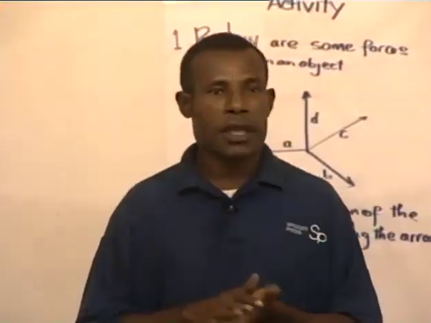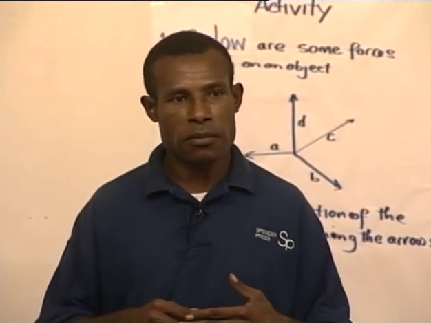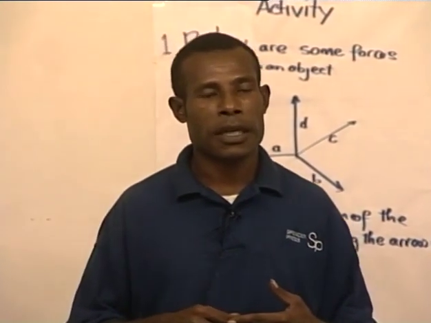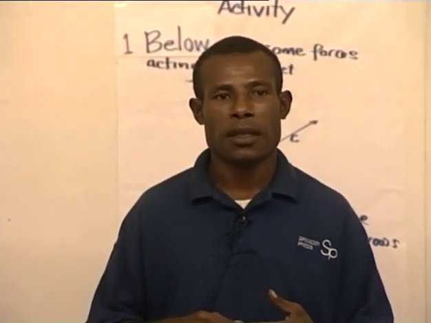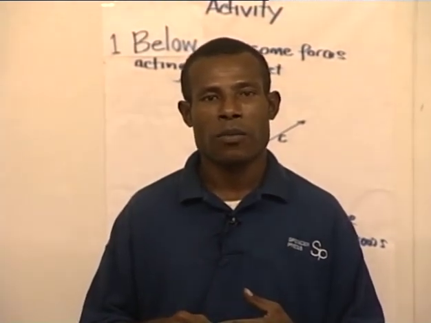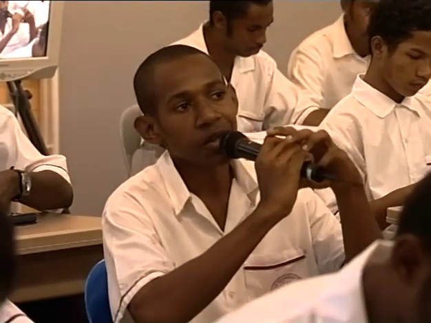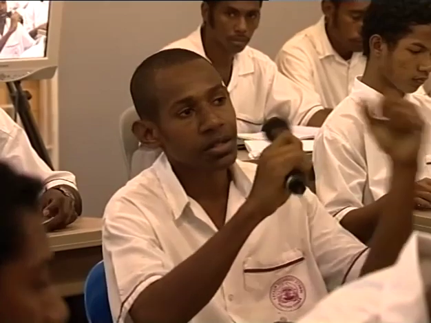Okay, quickly to recap on what we went through in our last lesson. Joe, can you tell us what is a scalar quantity? A scalar quantity is one that has size but doesn't include direction. Okay, good.